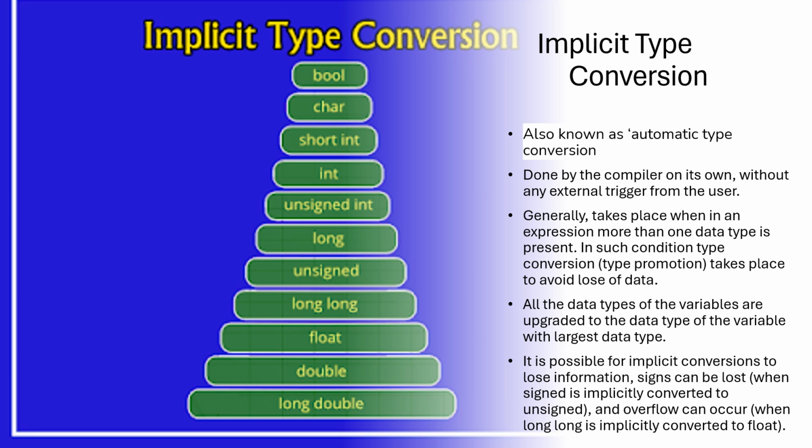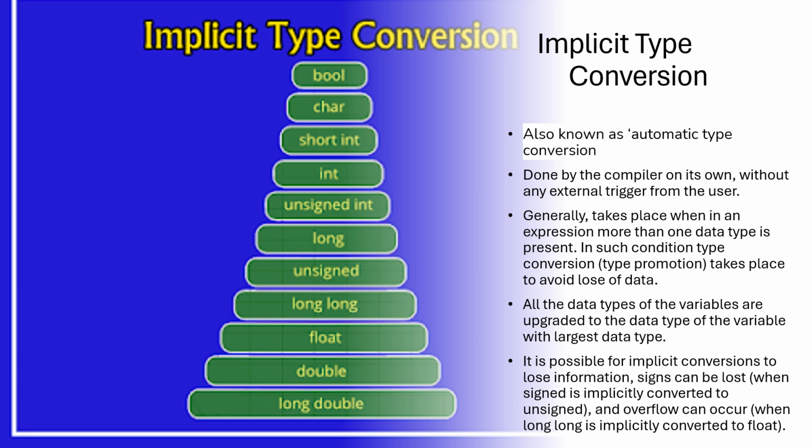See here, it is also represented as automatic, done by the compiler on its own without any external trigger from the user. External trigger means we need not use any operator to convert it. Next, it generally takes place when an expression has more than one data type. In such a condition, type conversion takes place to avoid loss of data.